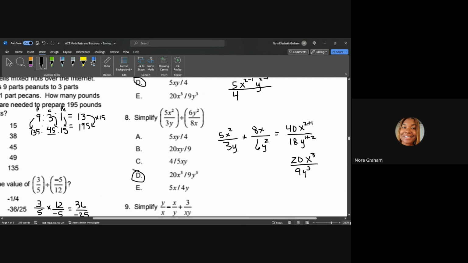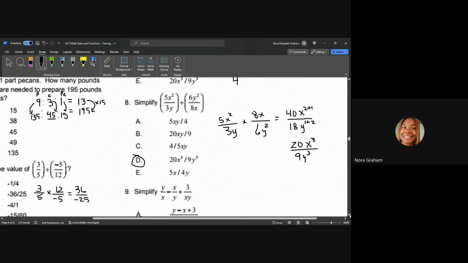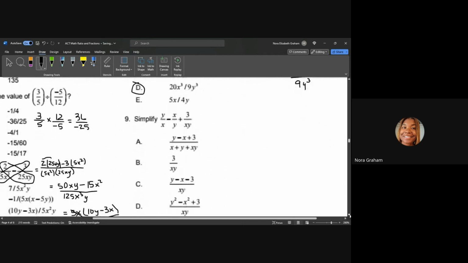Okay, let's do one more. This one, simplify. So this one I'm going to break apart. Let's simplify these two fractions first and then add on this one. So when I subtract these, I can multiply my denominators. So I get xy. And then I do the cross multiplication, right?